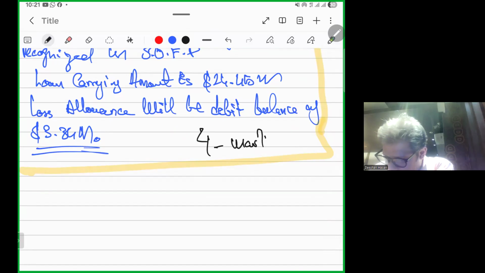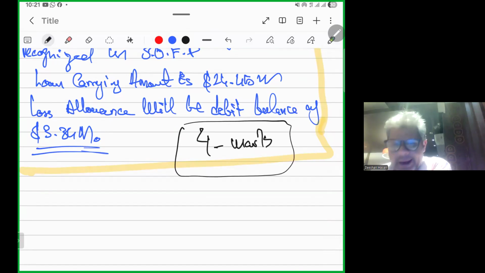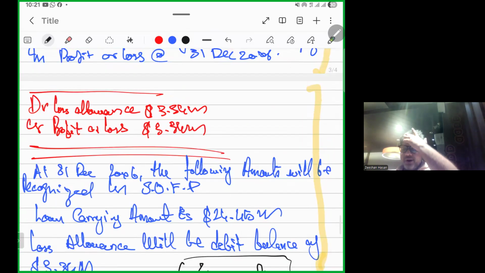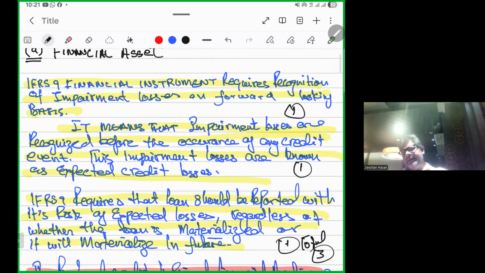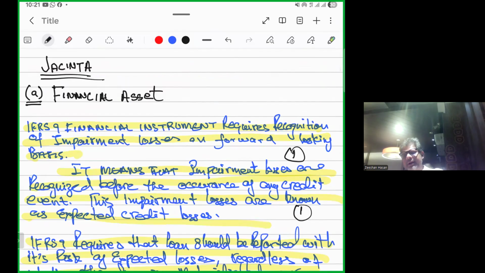So that's how it covers our 8 marks. So far, so good. We are done with the first requirement. In the next session, we'll be doing the next requirement.